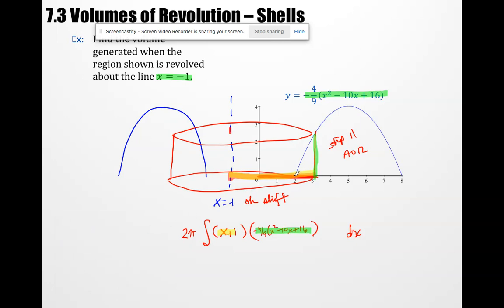You start drawing strips at 2, and you stop drawing strips at 8. So these two numbers are x numbers. Your radius is an x number. Your function is in terms of x, and you are integrating with respect to x.